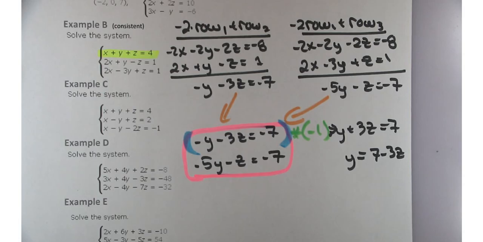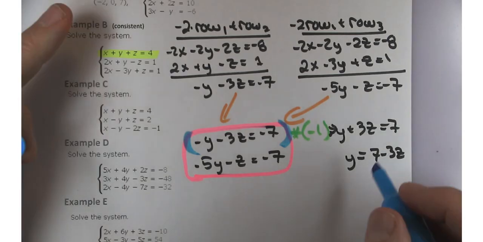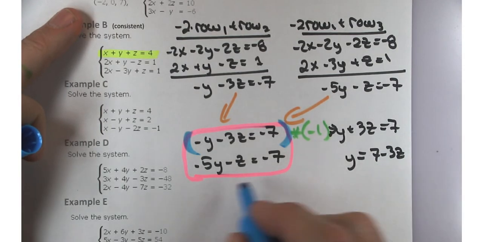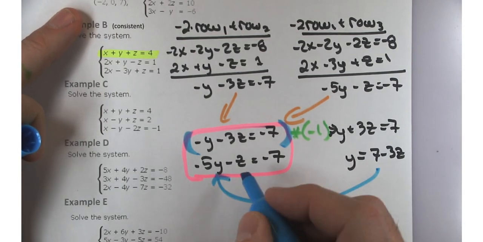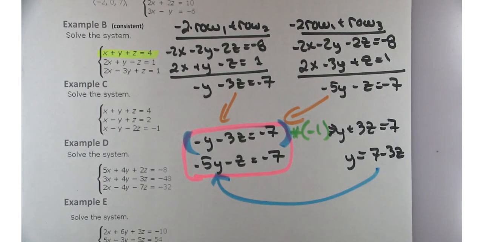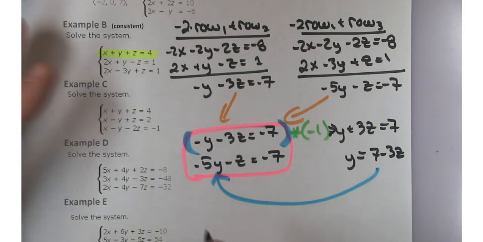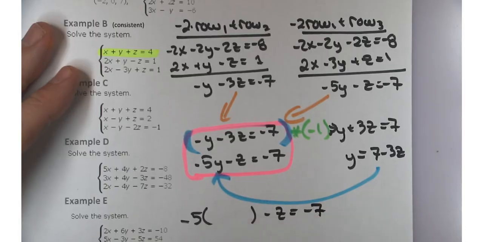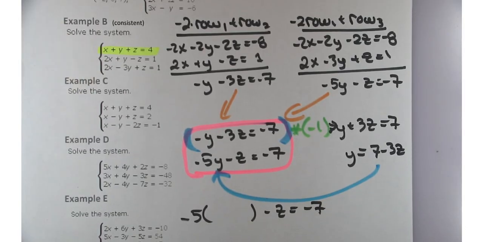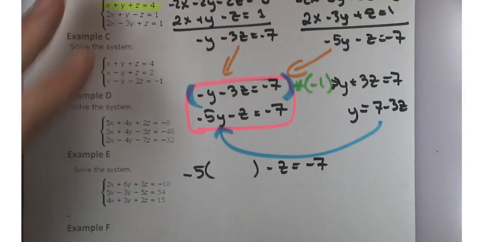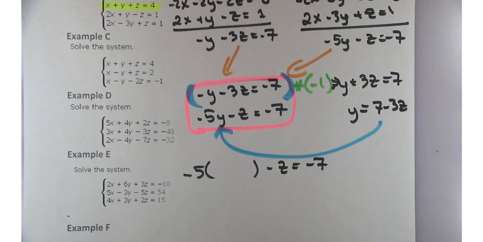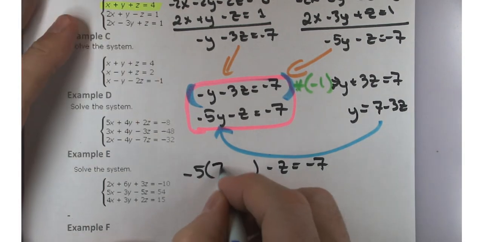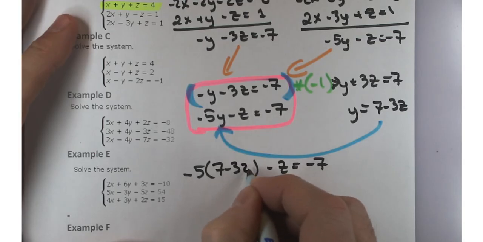What am I going to do with that now? Yeah, we're going to take that and plug that expression into here and solve for z. So it's going to be negative 5 times 7 minus 3z minus z equals negative 7. Let's see what happens when we do that. I'll just do negative 5 times 7 minus 3z.